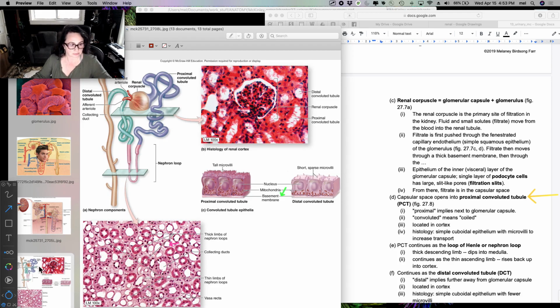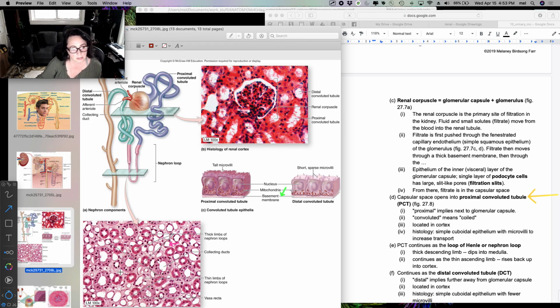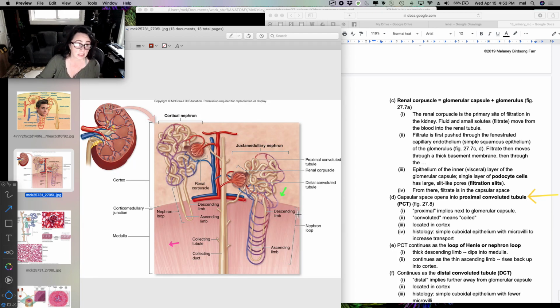Not that I won't hold you responsible for this, but look, these are the cells right here that you saw all the way back at the beginning of the semester, right? And if you do a cross section, you will see some simple cuboidal epithelium right next to some capillaries, because what you are looking at is all of those blood tubes next to the pee tubes. Blood tubes being simple squamous epithelium and the pee tubes being simple cuboidal epithelium.